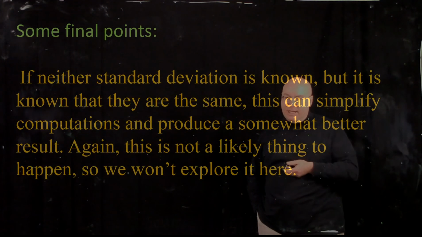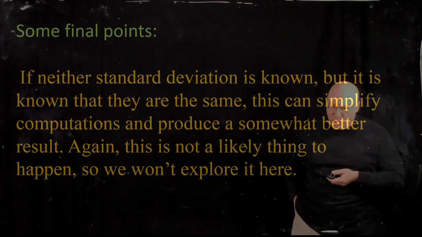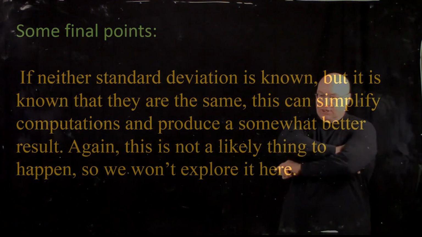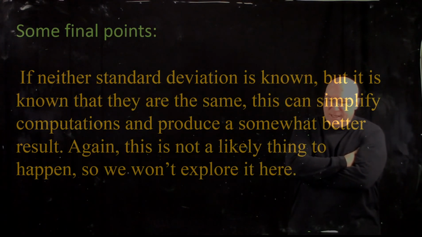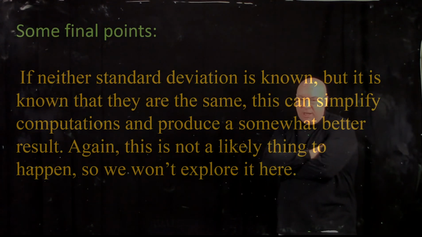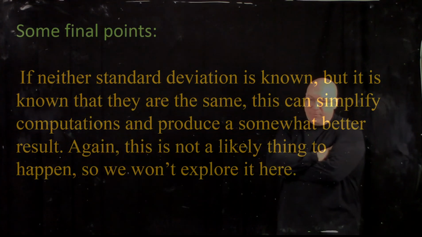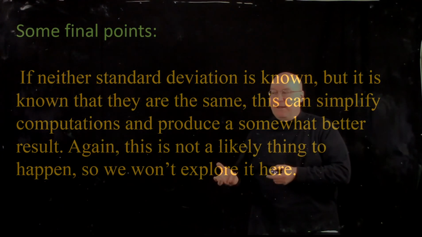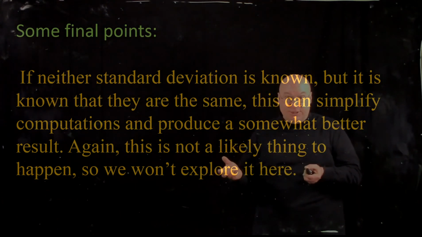Next point. If neither standard deviation is known, as we've been doing, but we have some additional information, maybe that they are the same, or we strongly believe that they're the same, then it actually can simplify the computation and produce a somewhat better result. Again, it's not a likely thing to happen, so we won't explore that here either. How would you know that the two populations have the same standard deviation?